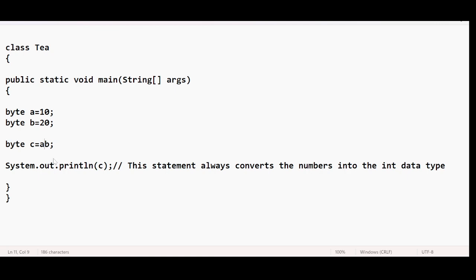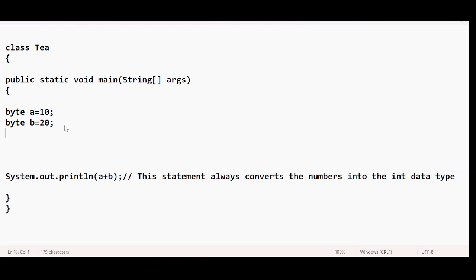Not only plus, any mathematical operator will accept the data type as integer. It cannot allow any other data type, as simple as that. So when you evaluate a plus b directly, there are no issues. Internally it will take care.